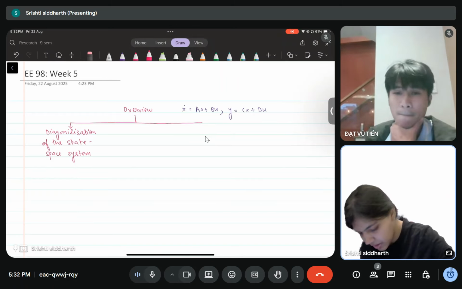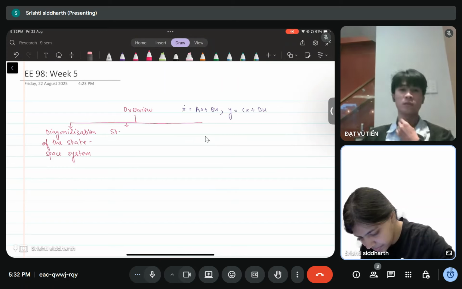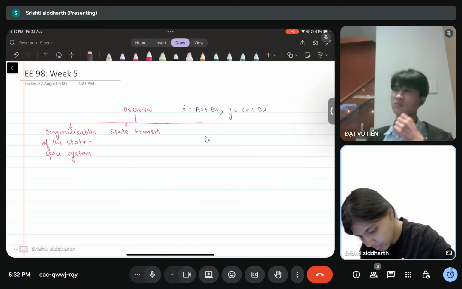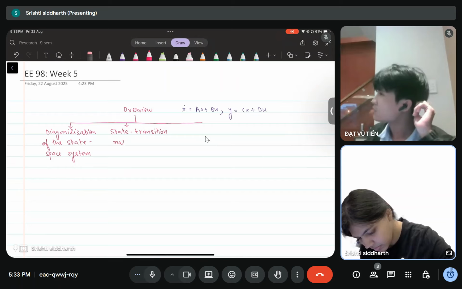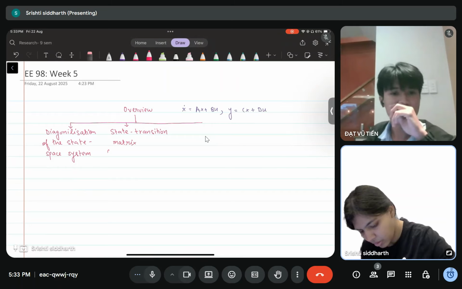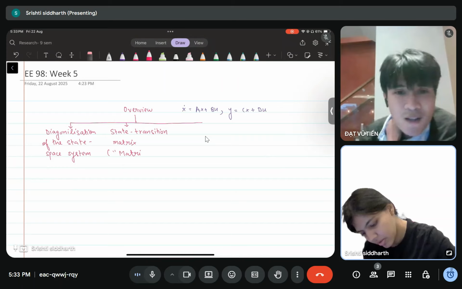Then we look at the state transition matrix, or in other terms, the matrix exponential for LTI systems.